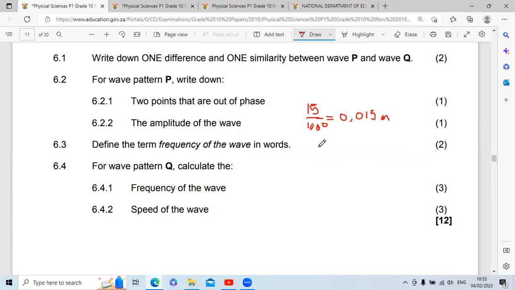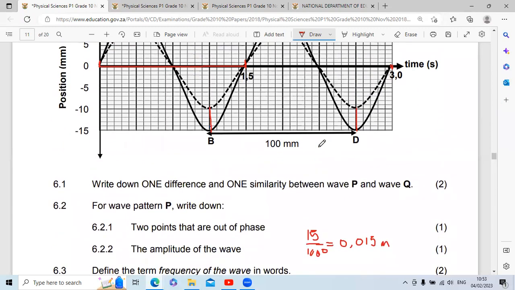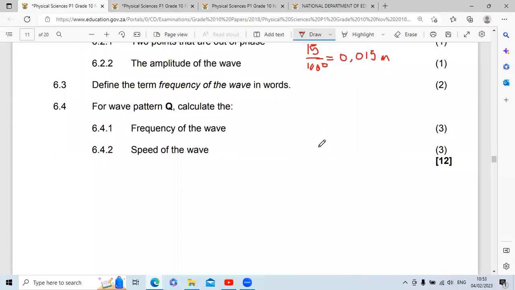So do you understand so far? Yes. Okay. So the next question, they want you to define frequency. Can you define frequency in your own words? Not in my words, but in your own words, how you understand frequency. Can you try?